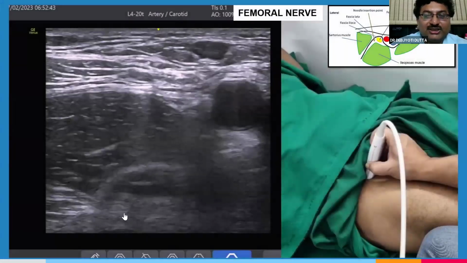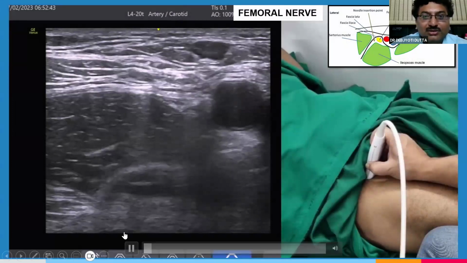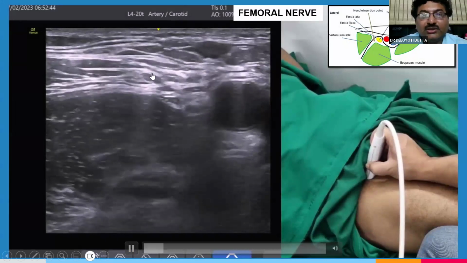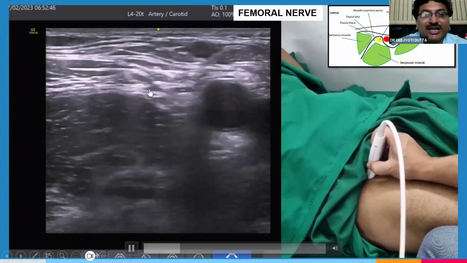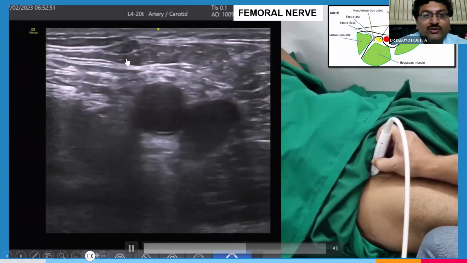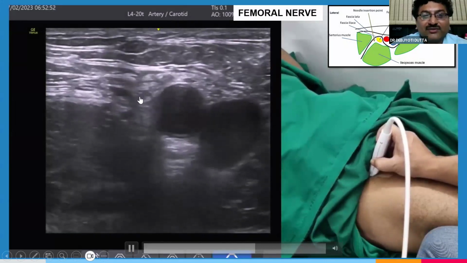The femoral nerve, I think, is the easiest nerve to find, and it is very simple. It will be lateral to the artery, and you will be able to see the nervous structure.